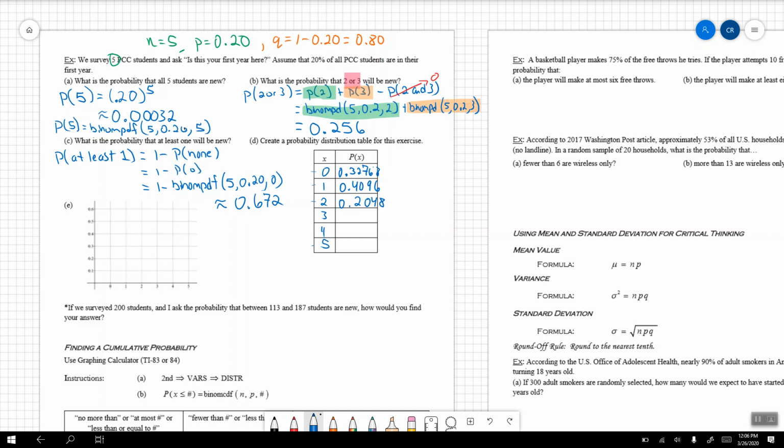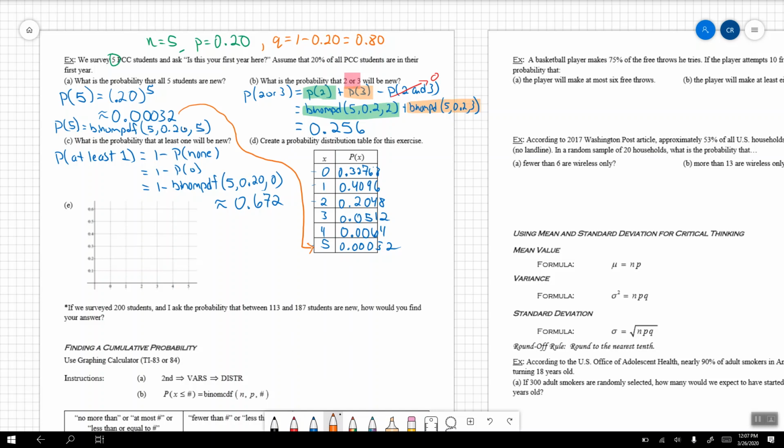The next number on that list was 0.0512. The next number on that list was 0.0064. The next number on that list is 0.00032. Does that very last number look familiar? It should, because the probability of exactly 5 is that same probability.